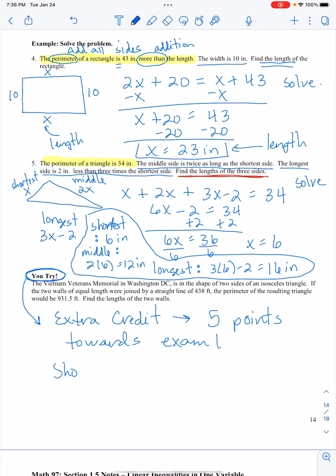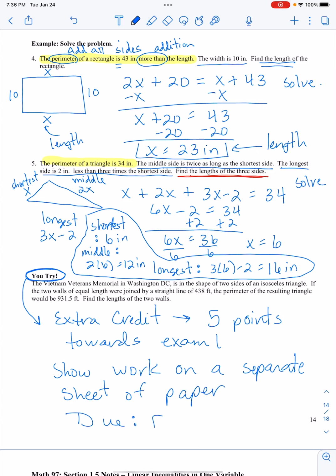Show work on a separate sheet of paper, due Friday, January 27th.